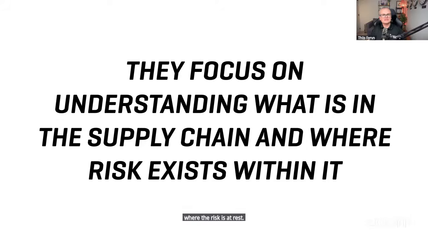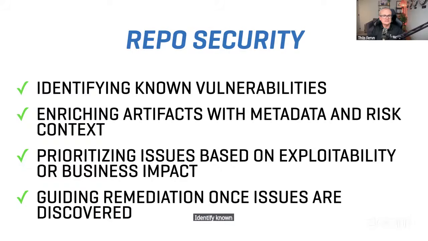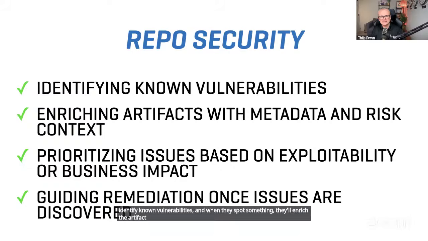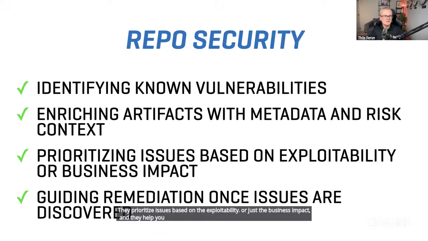Where are the things happening that need to happen and how they can deal with it. And from a repo security perspective, they just identify known vulnerabilities. And when they spot something, they'll enrich the artifacts and add some metadata. And as you can see, risk context, they prioritize issues based on the exploitability or just the business impact, and they help you towards remediation.